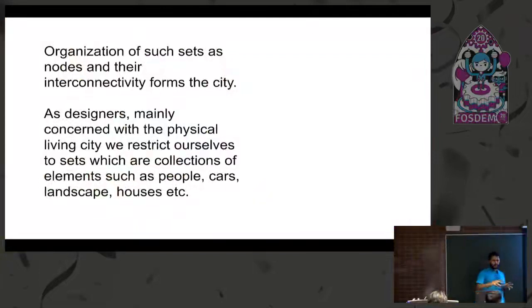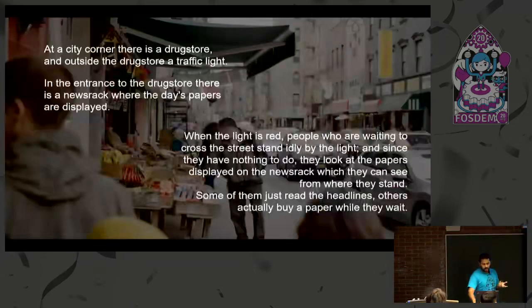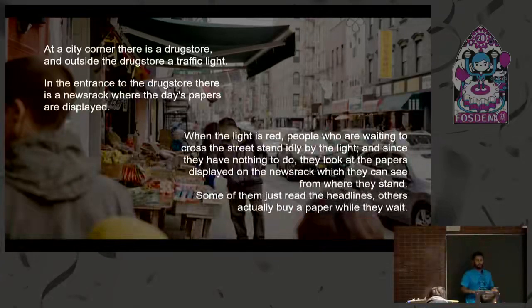And organizations of these sets form the experience of a city and how different cities are. You might have different cultures, different locations, different scales, different sizes, but it's the similar nature of breaking down, trying to understand a city. So this is an example. Imagine a corner store where there's the street, the footpath.